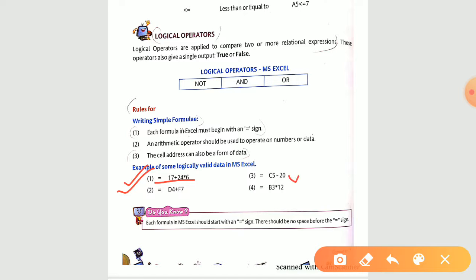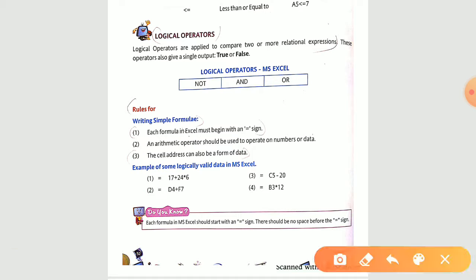The second one, over here we are using a cell address and 20 is your number. Okay, thirdly you see in this example you have used both of the cell addresses, so this is also completely valid, and over here also one cell address and one number. Okay, so all these four examples are valid, right?